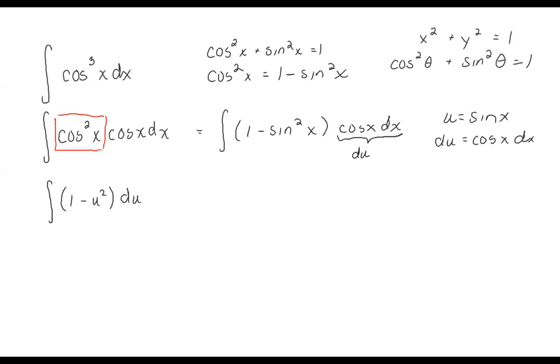We're just integrating a polynomial now, u minus u cubed over 3 plus c, where u is sine x: sine x minus sine cubed x over 3 plus c. Okay.